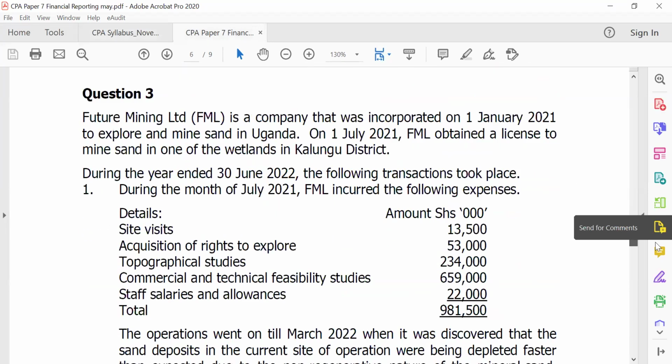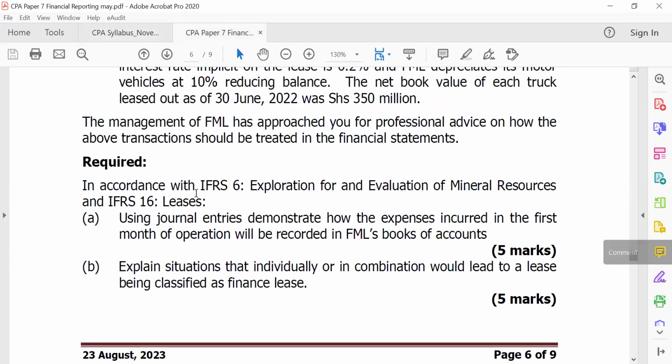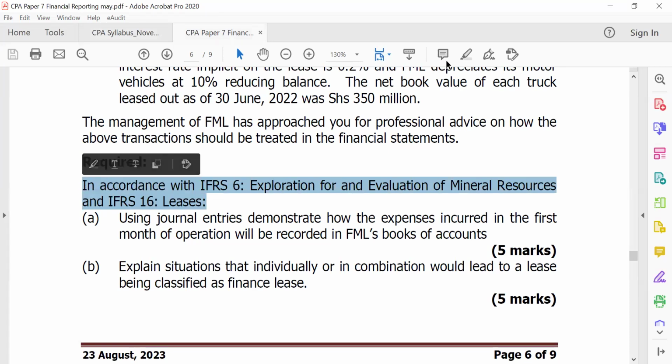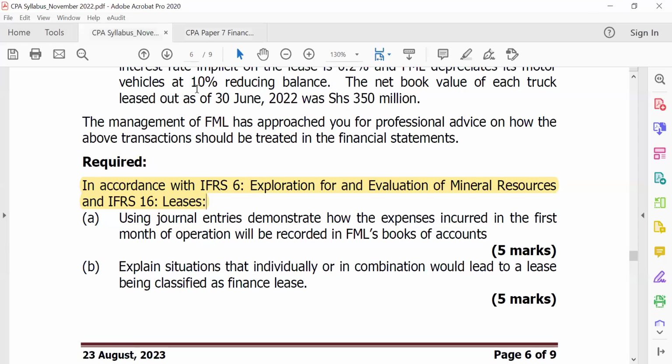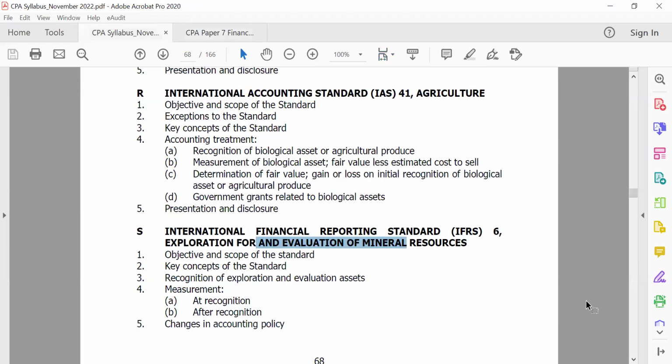So one of the things that you need to do is to start appreciating these standards, especially if you're preparing for this paper, to ensure that you know these standards. There are a lot of materials that speak about these standards, because they are international standards.